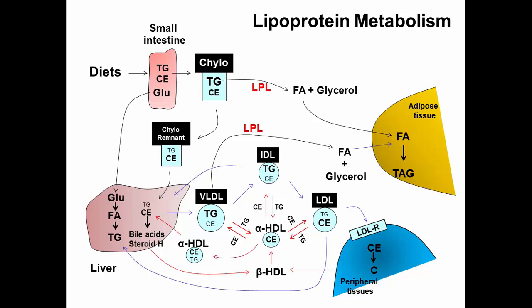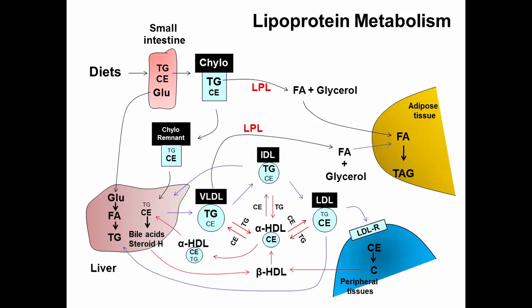Okay, so here I just give a sort of summary of the lipoprotein metabolism. I put all the lipoproteins together in one slide, and hopefully it's not too complicated. But this slide basically shows what is happening in the fed condition, right? So let's start with the diet.